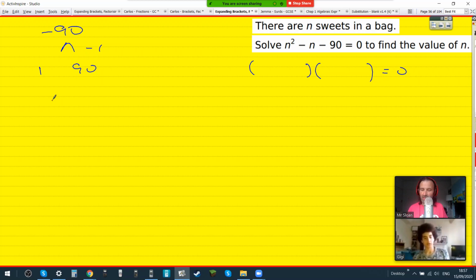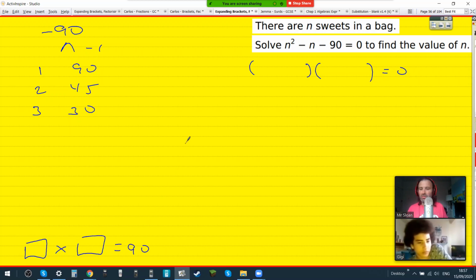2 and minus 45. 3 and 30. So two numbers that multiply to make 90 and a difference of 1 between them. It'd be 3 and 30.